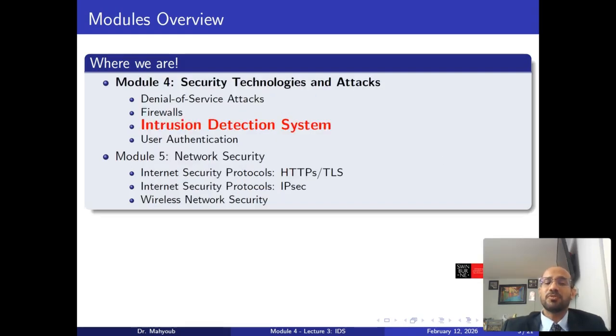And in Module 4, now we are in security technologies and attacks, and that is the how-to-defend phase.